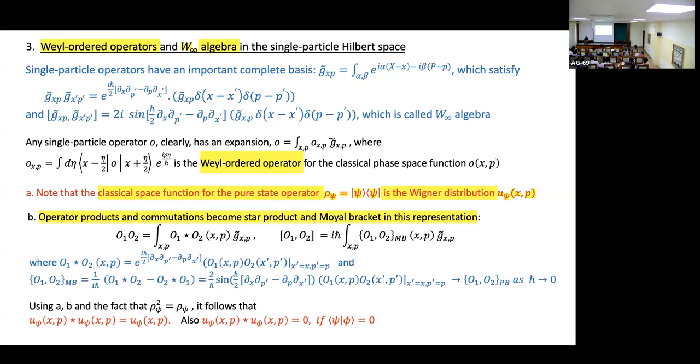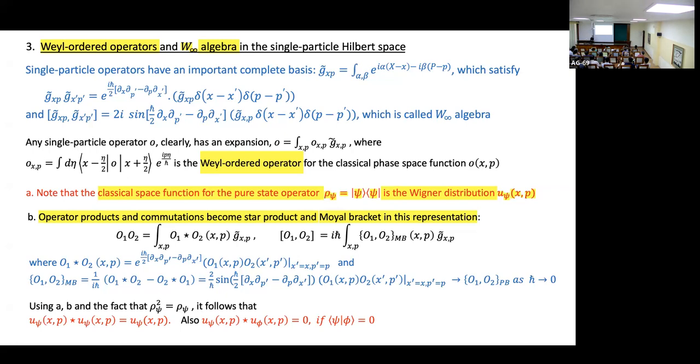From here, you can actually get something important. If you start from an operator which is the projection operator, the pure state density operator, then the corresponding phase space function is the Wigner phase space distribution.